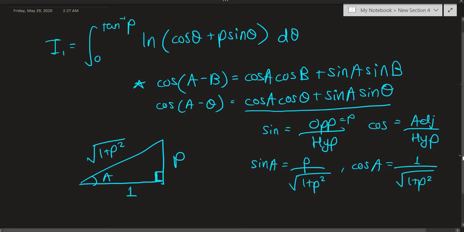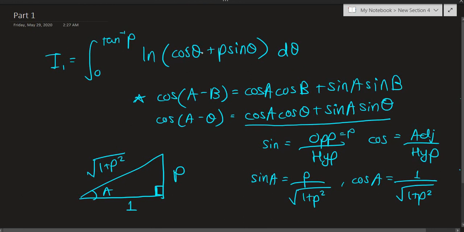So notice that we have these numerators in place. We have 1 in place, we have p in place. We just don't have this denominator in place. So we can multiply and divide by this square root of 1 plus p squared factor now.